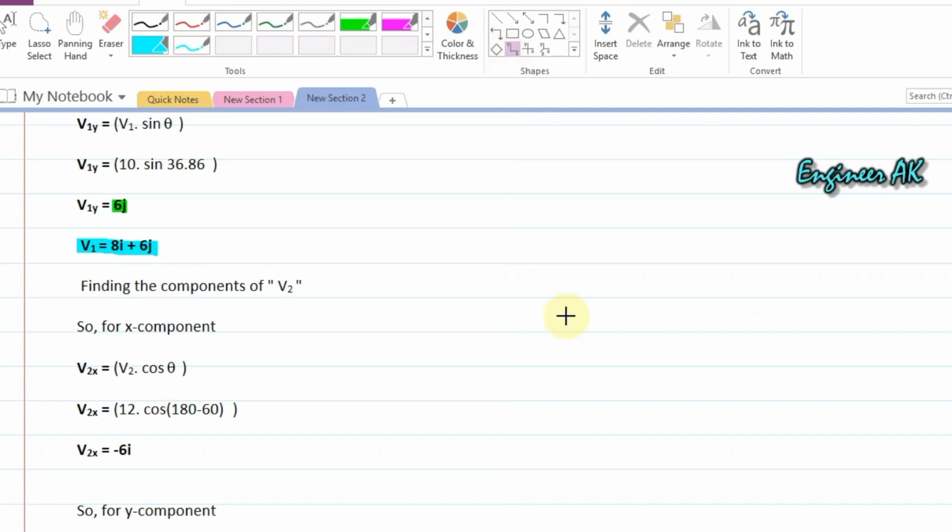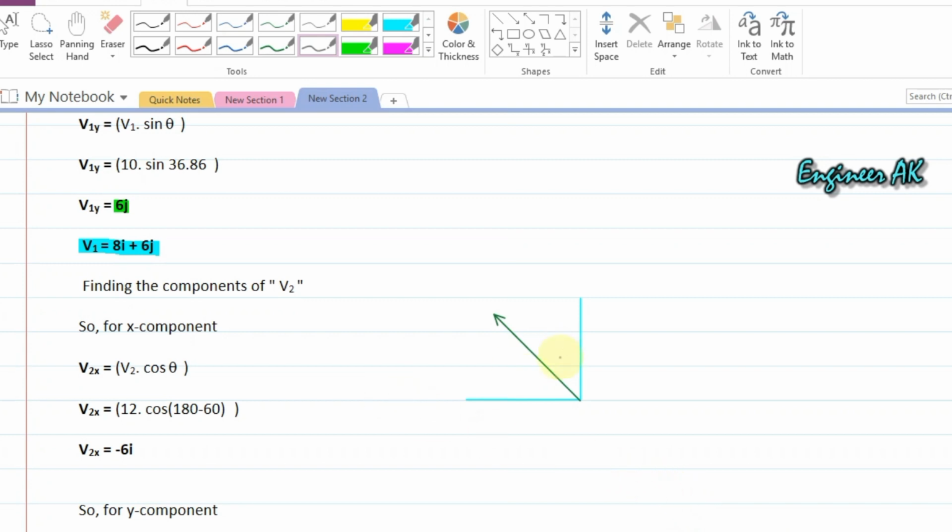It will also have two components like this. The vector is something like that, right? Similarly, this is v2, and it is making a 60 degrees with the negative x-axis, right?